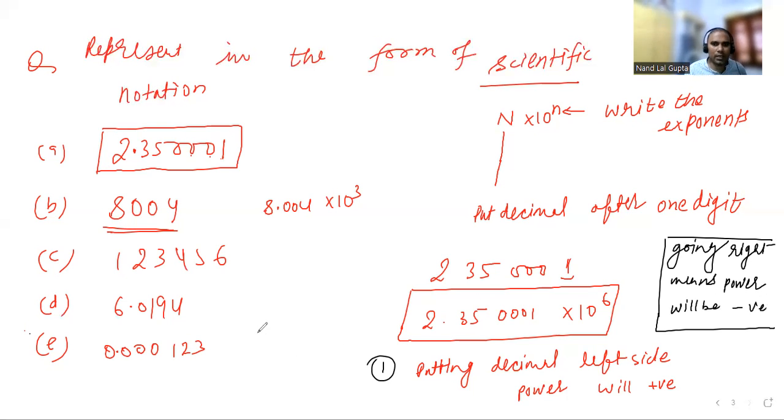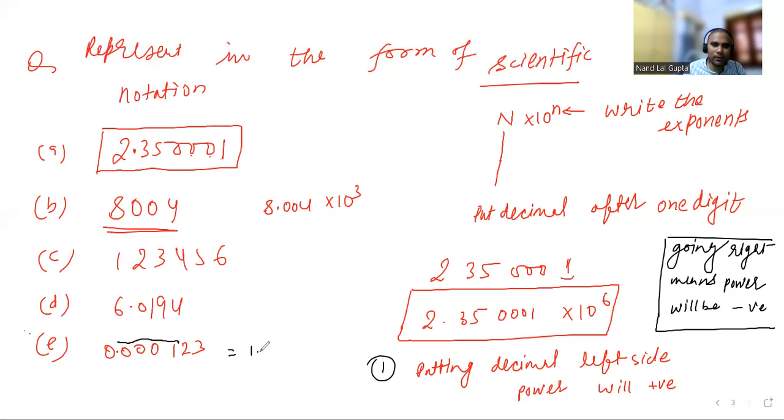Now you see here, how many digits are you traveling? After one numeral digit, you have to put the decimal. So here you are running 1, 2, 3, 4.